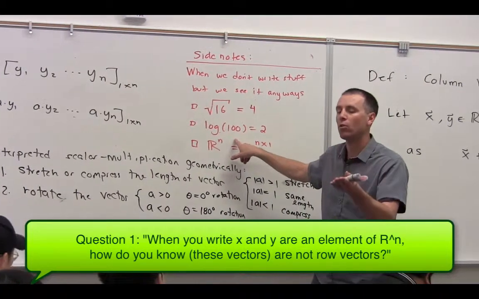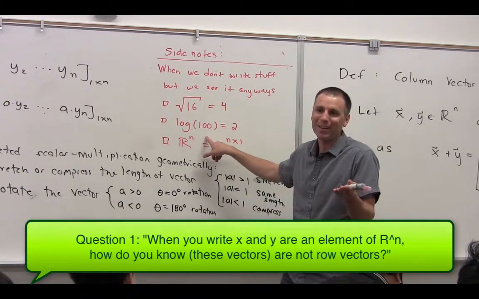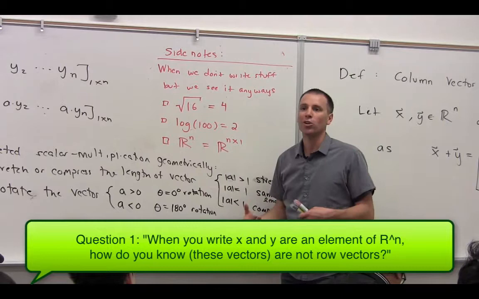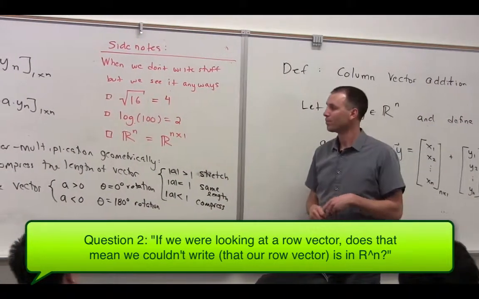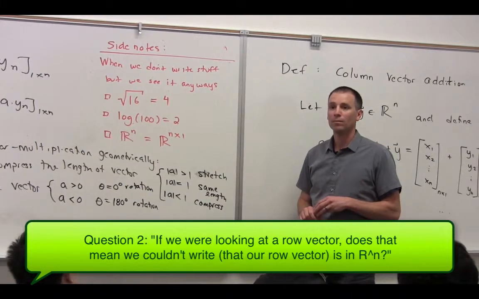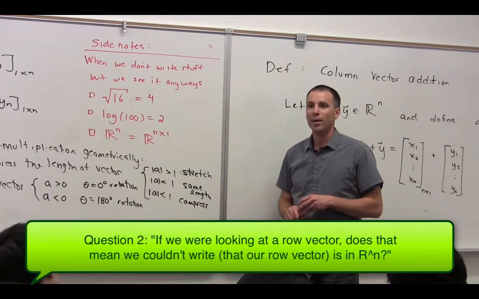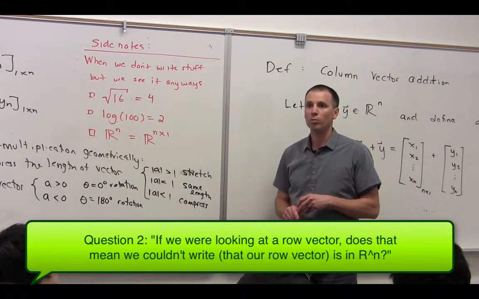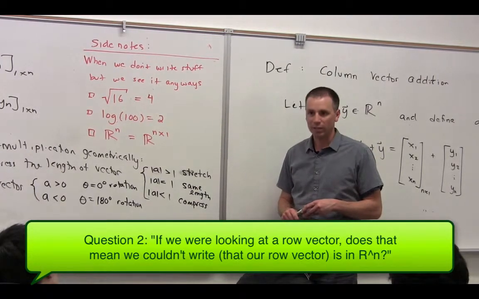How do you know that it's not a row vector? By agreement. It's literally just an agreement between nerds. It would be very non-standard in the field to write a row vector as being in R^n. If you wrote R^n, I would immediately assume column vector, and everybody that's had any formal suffering in this field would feel the same way.